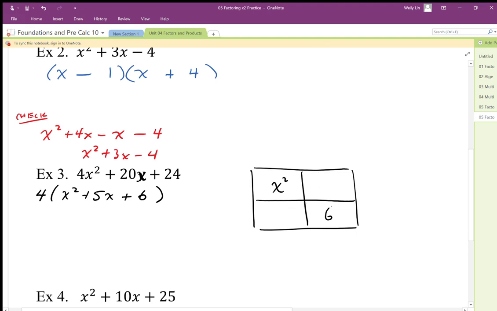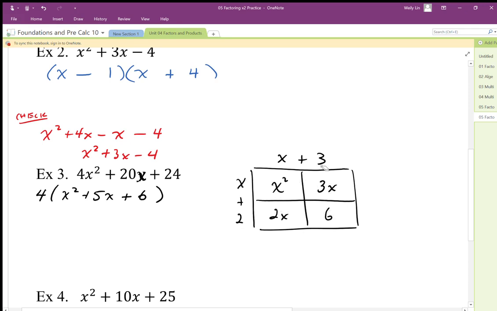I'm looking for the split that gives me a product of 6 from here and add up to the 5x here and here. Well, that's going to be 3x and 2x add up to the 5x, and that's going to give me this product of 6. So I'm going to end up with x plus 3 here, x plus 2 here. Okay, so that's got a common factor or side length of x, common side length or common factor of 2.